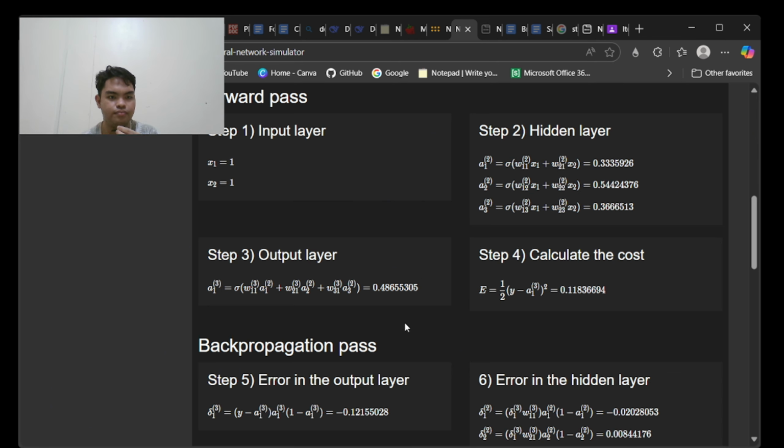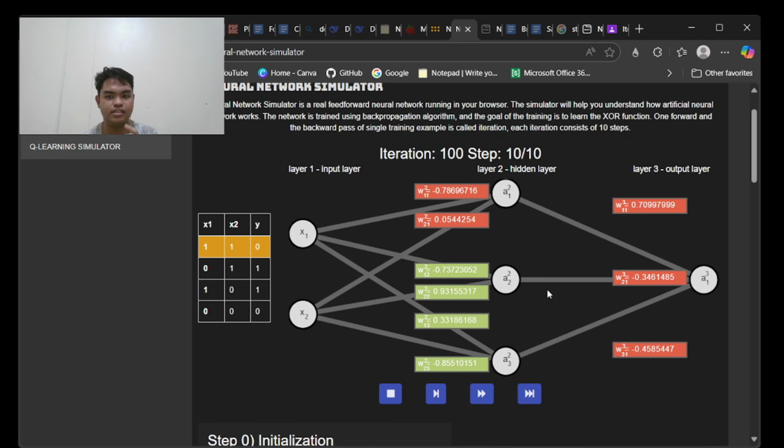If you simplify, this is 0, which is correct. Now this graph shows us what we needed and what the neural network produced.